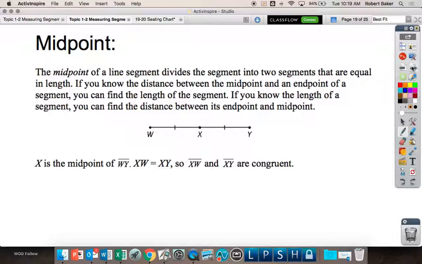When you hear the word middle, what do you think? The exact center. So a midpoint is in the exact center. So if X is the midpoint, and let's say that from W to X is 10, how far is it from X to Y?